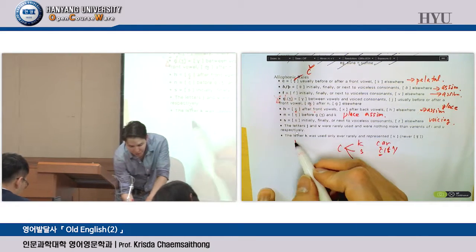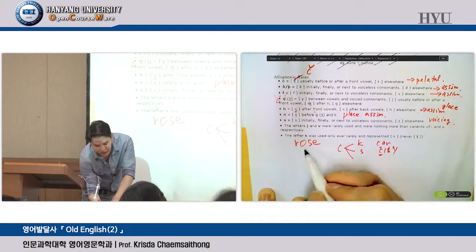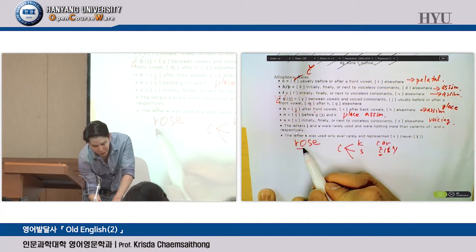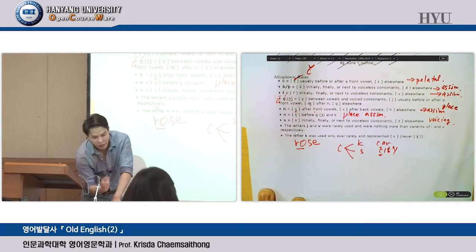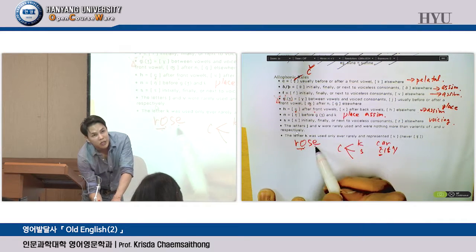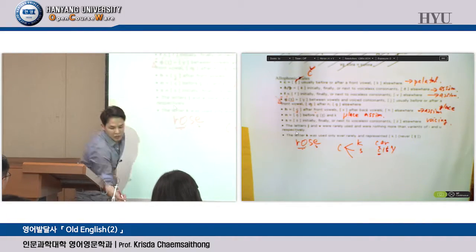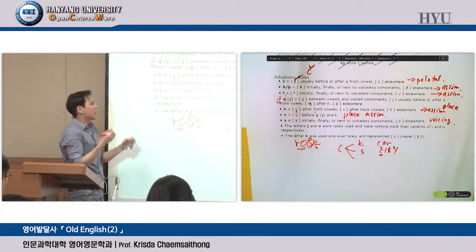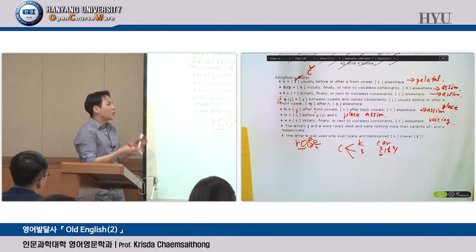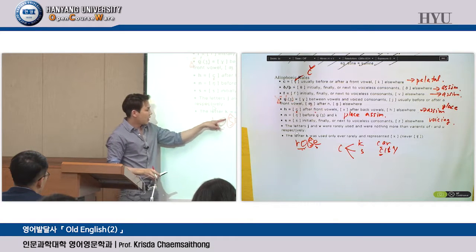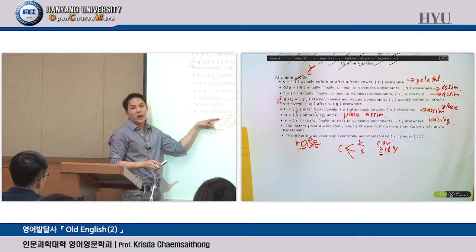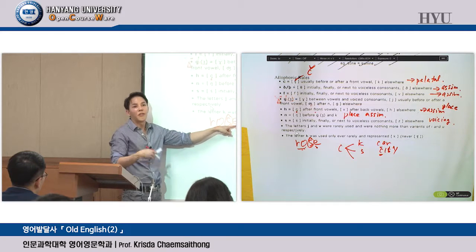So for example, the word rose. In Old English, everything will have to be pronounced. So you have 2 vowels here, right? So you have to pronounce everything, rose, like that. So this S, is it just an S or a Z? You look at the environment. You see here, the vowel sound is voiced.